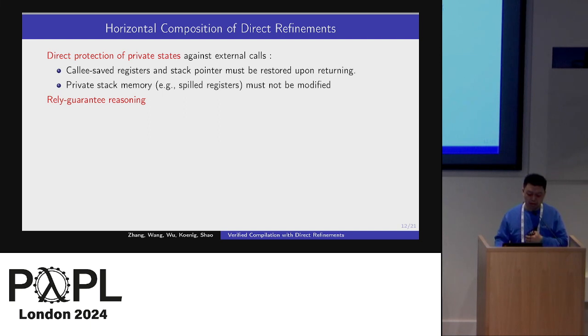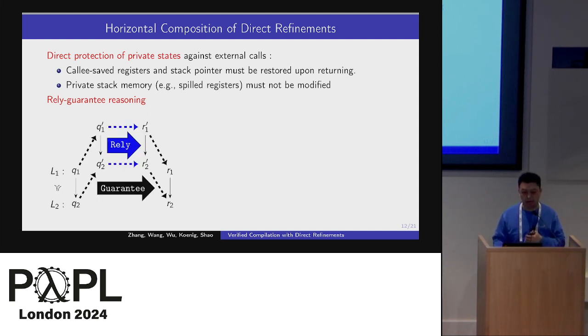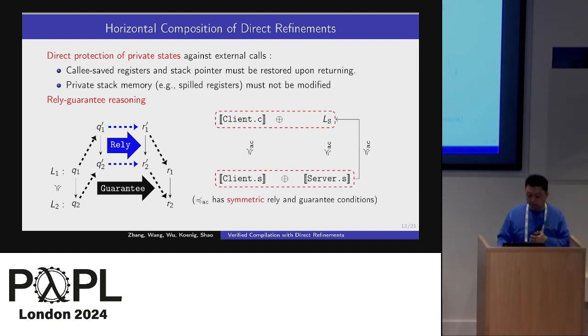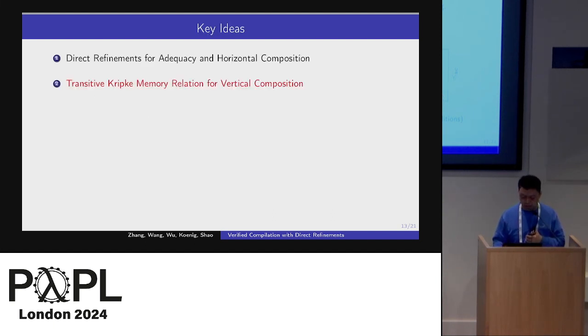So this protection enables the classical rely-guarantee reasoning, which means the simulation relies on the environment to provide a certain guarantee, and then in turn it will provide the guarantee to the caller. And if you have symmetrical rely and guarantee conditions, then you can do the horizontal composition because they will cancel each other out. This is the case for the direct refinement in our setting.